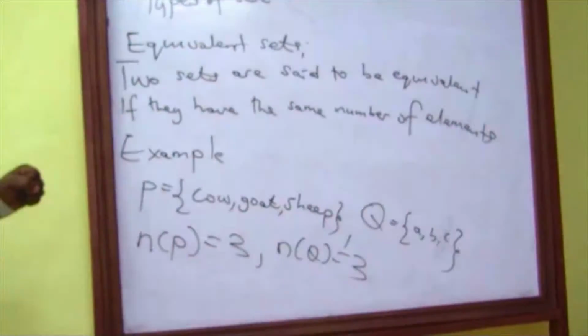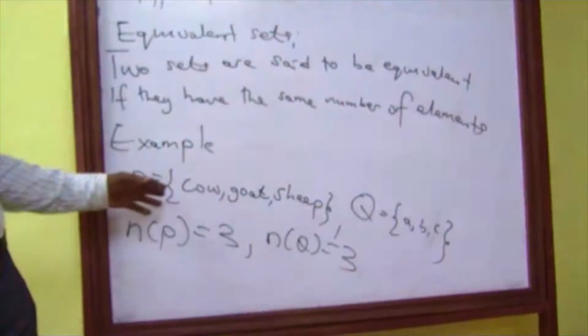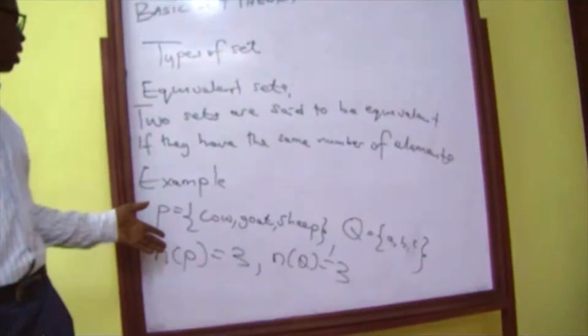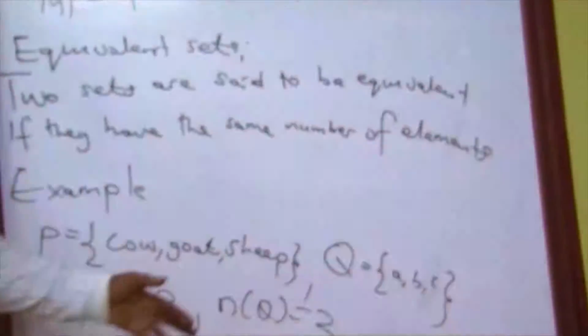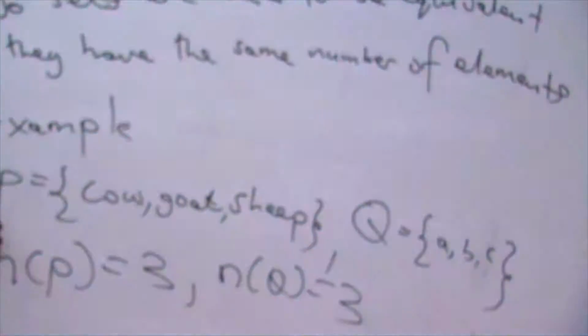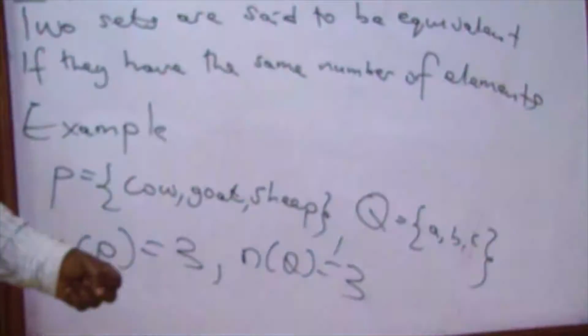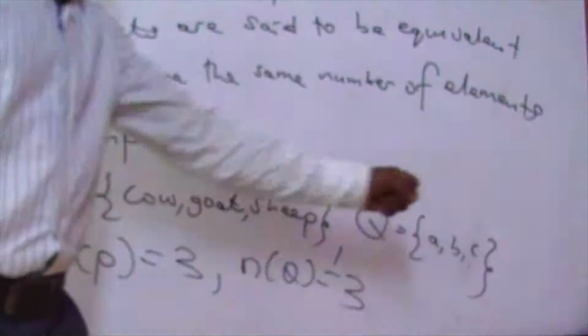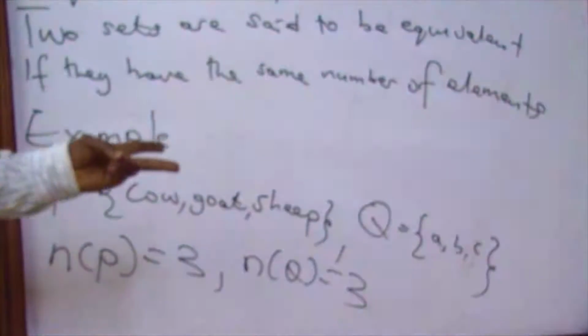Let's take this example. P is the set of cow, goat, sheep. How many elements do we have there? 1, 2, 3. It means the cardinality of P, that is n of P, is 3. Let's go to set Q. We have the elements A, B, C. How many elements do we have there?